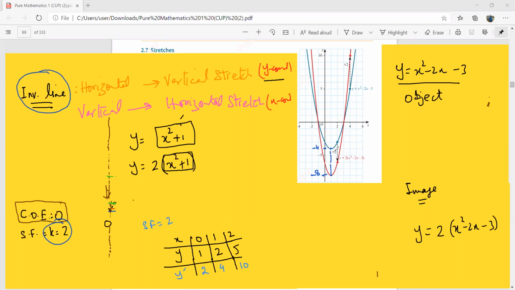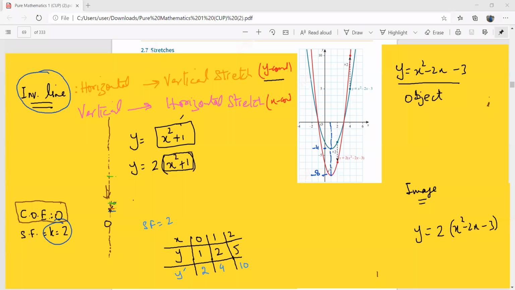Why has this turning point gone further down from the x-axis? Can someone please help us? Yes? Sir, was it minus 3 before and it's at minus 6 now, the point? Yeah, because the distance over here was already below the x-axis, and this has to be doubled, as I showed you in my examples.